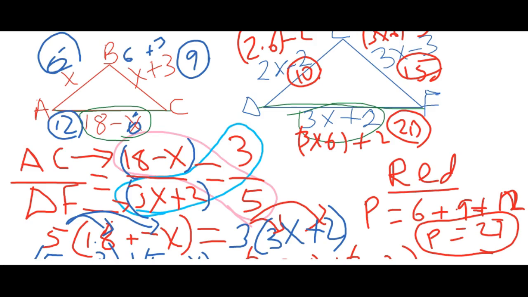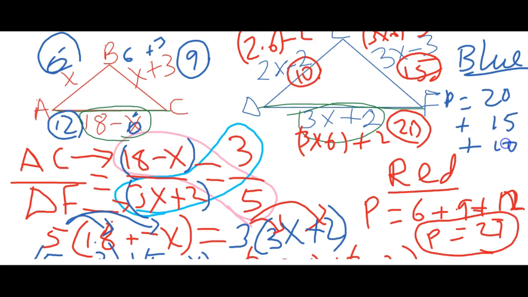And then for the blue, I know it looks messy, but I hope you followed each of these. The perimeter is going to be, let's just write them all out, 20 plus 10 plus 15 gives you 45. Okay, done.